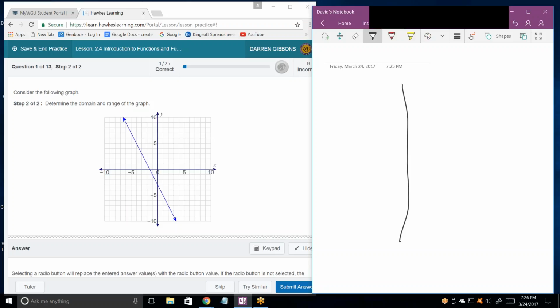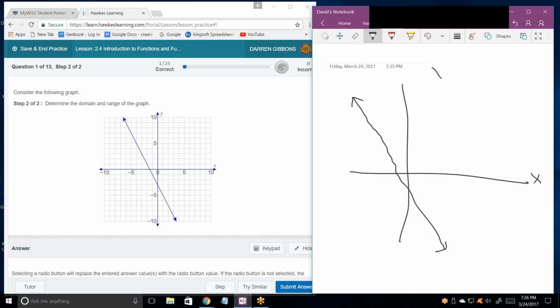Well, those two arrows that you see mean that the function goes on to infinity. In other words, it doesn't stop there, it keeps going. So on the x-axis, what is our domain going to be? Negative infinity to positive infinity. But you're right, all real numbers.